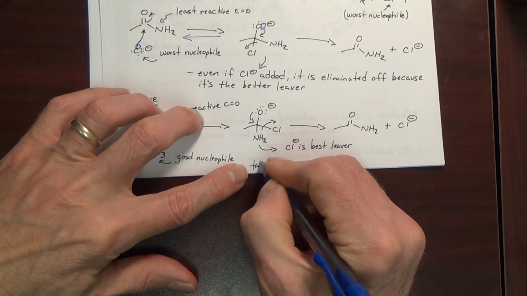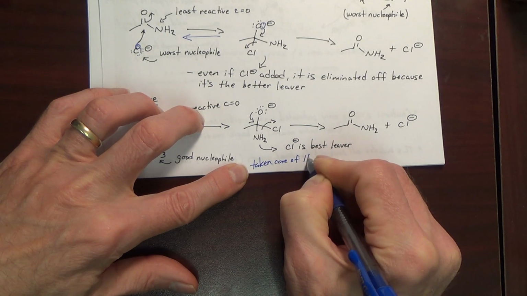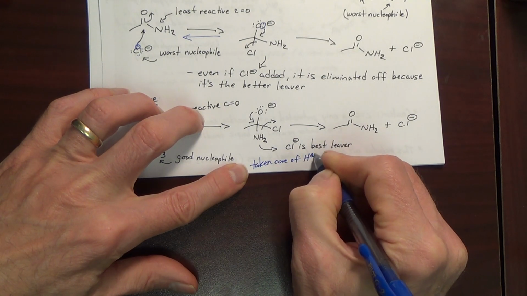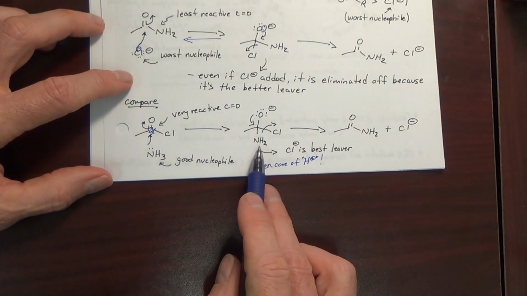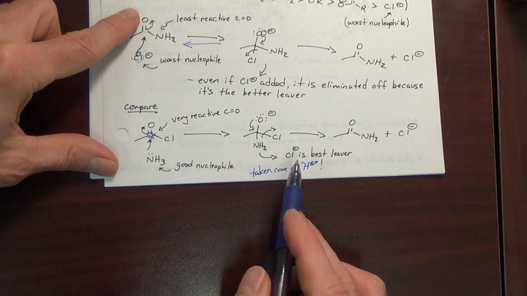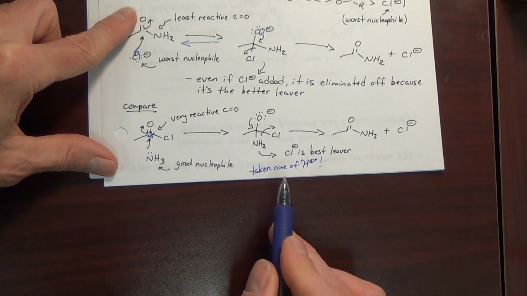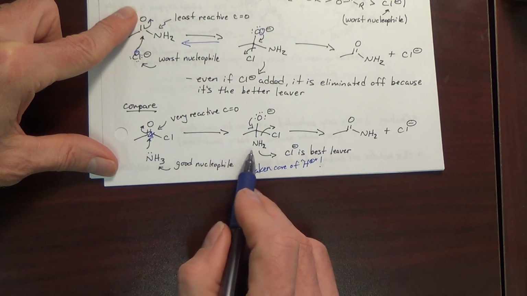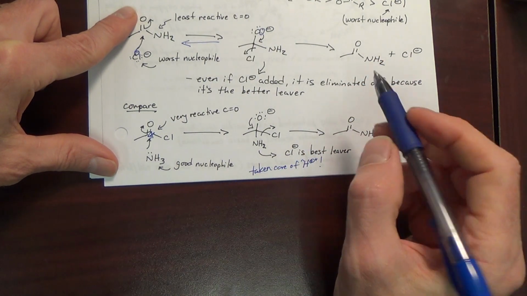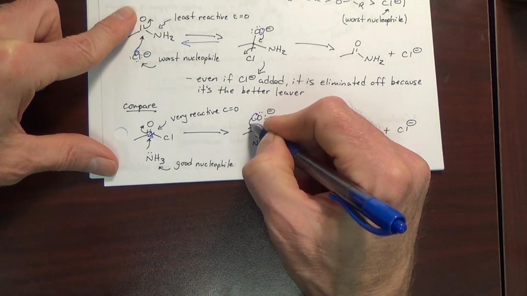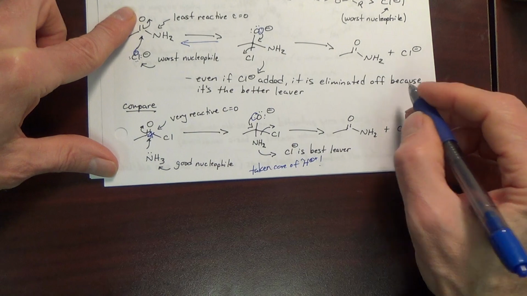I have already taken care of the proton. We don't just lose protons. Then electrons back down, and we can kick off the better leaving group. That would give us the amide.